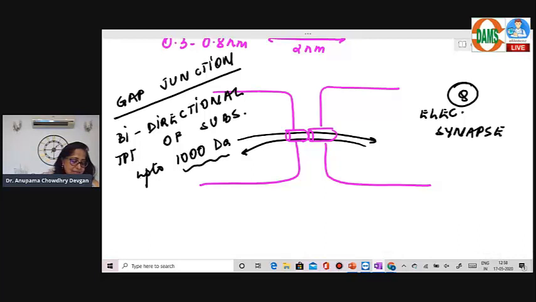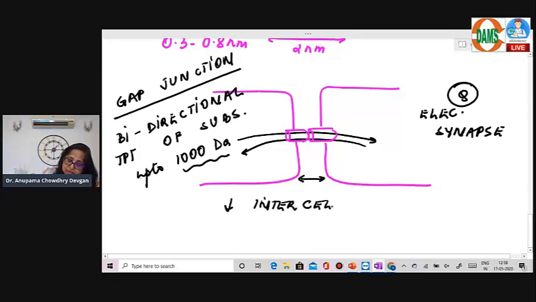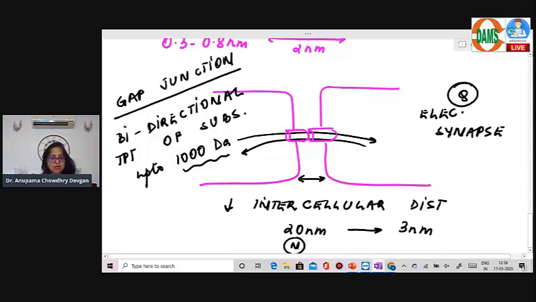The next important point: gap junctions reduce the intercellular distance from 20 nanometers to 3 nanometers. Normal intercellular distance is 20, but wherever gap junctions are present, it reduces to 3 nanometers.